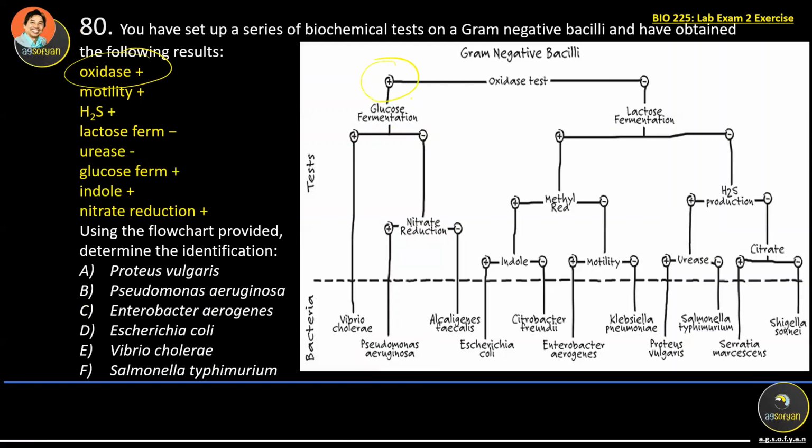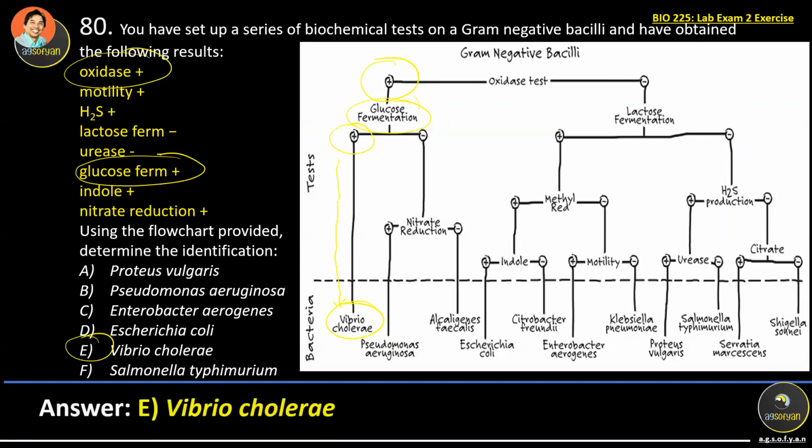After that, look for the glucose fermentation. It's positive, so on the left side again, glucose positive. And then you don't have to do any other test because it's already identified the bacteria, which is Vibrio cholerae. So that's the answer for identifying the unknown bacteria.